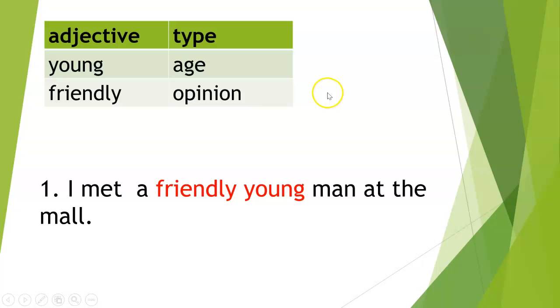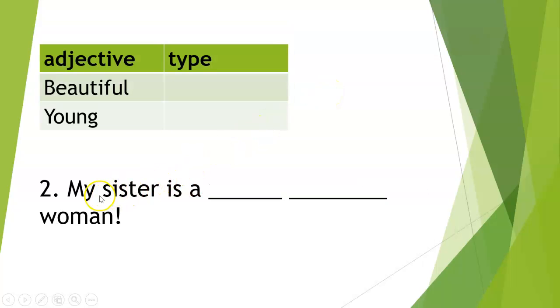Okay, let's take a look at number 2. My sister is a blank blank woman. And the words we've got are beautiful and young. So we've got an adjective of opinion, that's beautiful, and an adjective of age, that is young.